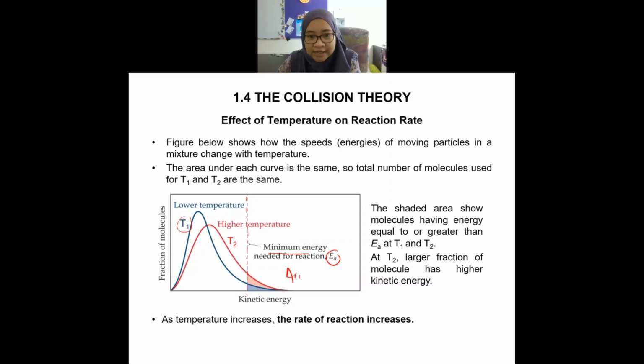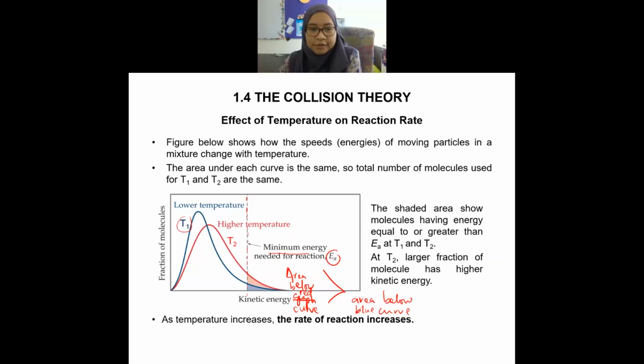The area below the red curve is larger than the area below blue.